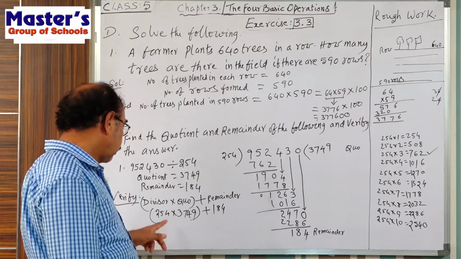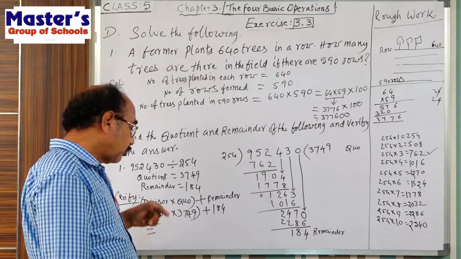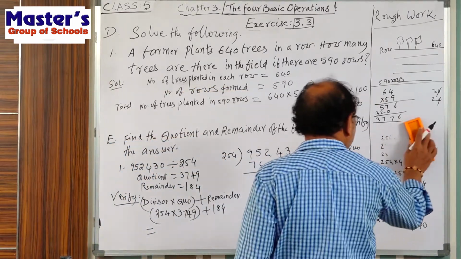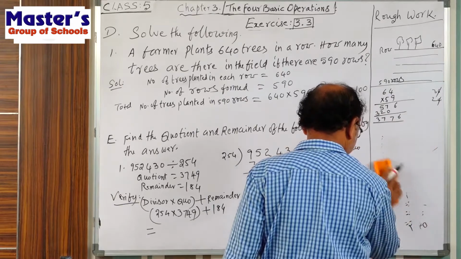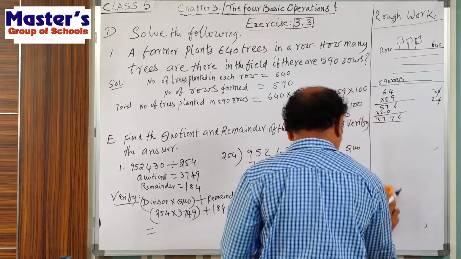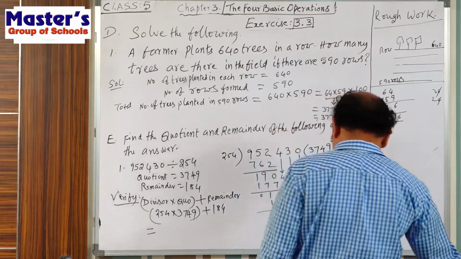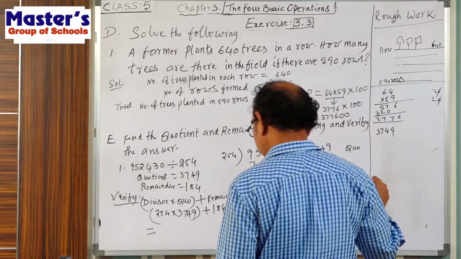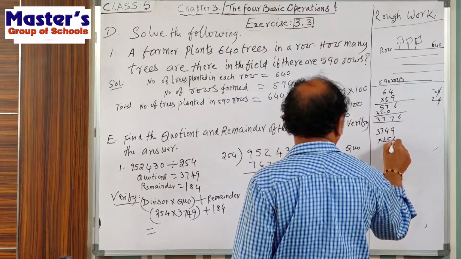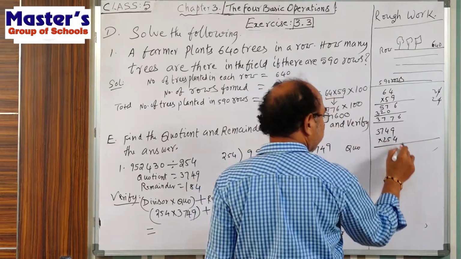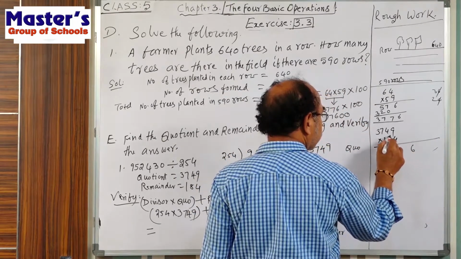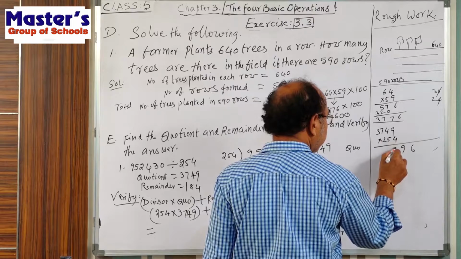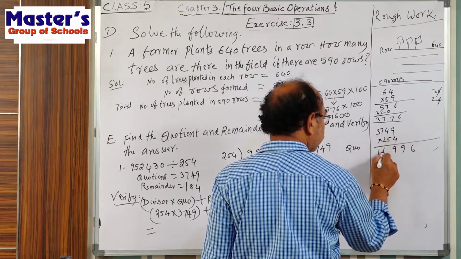Okay, children. So, multiply 3749 with 254. I show you the multiplication in the margin work. 3749 into 254. 4 9s are 36, 3. 4 4s are 16 plus 3 is 19. 9 1. 4 7s are 28 plus 1 is 29. 9 2 is there. 4 3s are 12 plus 2 is 14.